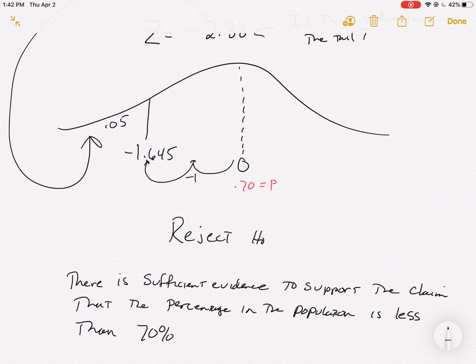That's what it feels like when you do a whole problem. You reject the null hypothesis, and then you're able to say, hey, you know what, there is sufficient evidence.